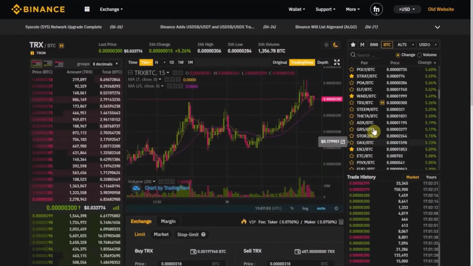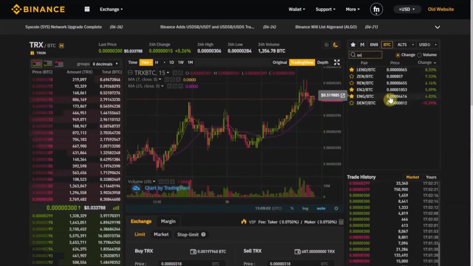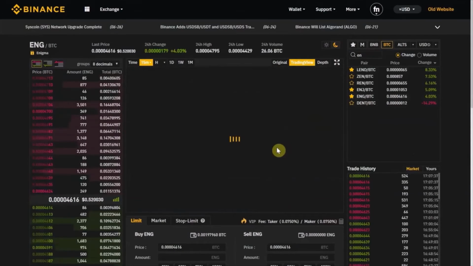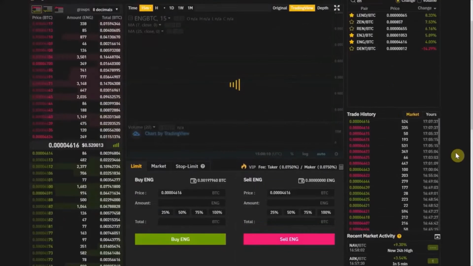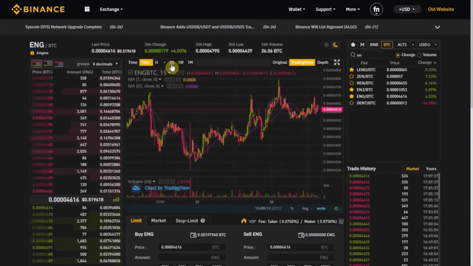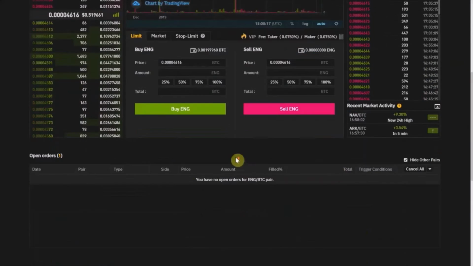I wanted to buy, what was it, token? Is it this one? I was looking at a coin to buy while I was doing the video. I think this was the one I picked. Anyways, it's really not a big deal.